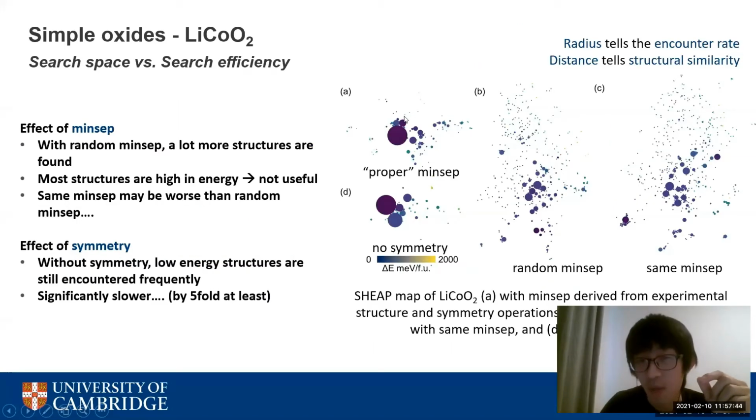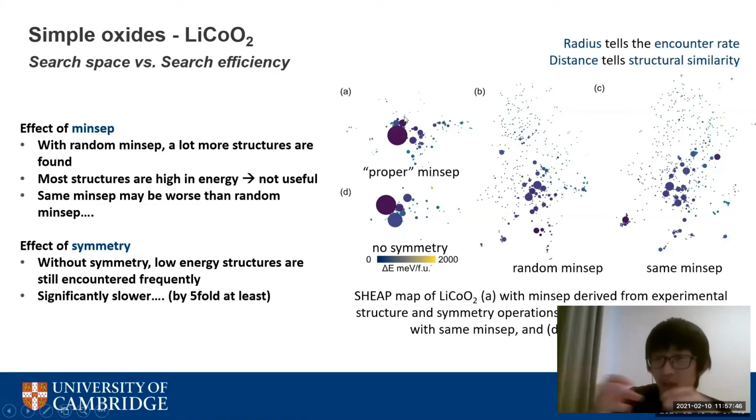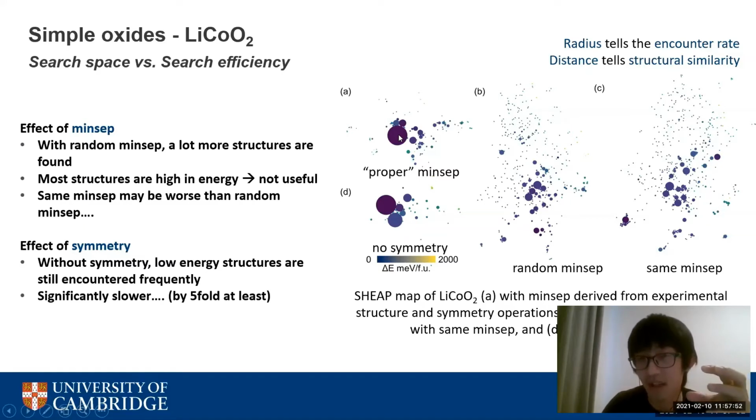But in this figure, we put all of these same local energy minima into the same circle. So we have the radius, which tells us the encounter rate of this local energy minimum. From this graph, you can see that we can have a very high encounter rate of the lowest energy structure, with the proper minimal separation settings.